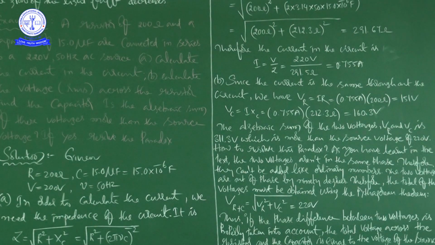So by using the Pythagorean theorem, the voltage across the resistor and capacitor is the square root of VR square plus VC square, which becomes equal to 220 volts. Thus, if the phase difference between the two voltages is properly taken into account, the total voltage across the resistor and the capacitor is equal to the voltage of the source.